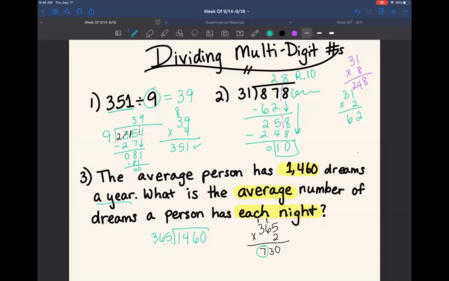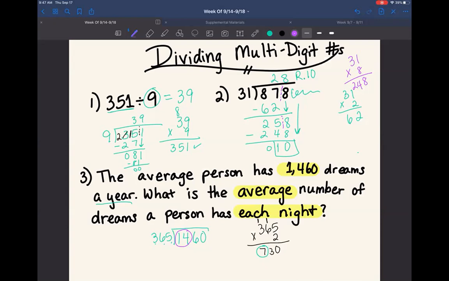What is 7 times 2? 14. Oh my goodness, there's a 14 right there. So what is my next number I want to multiply by? 3 times 2. Okay, so kind of. If I multiply 7 times 2, I'm going to get 14, so that means I'm going to get close to that 1460. So I have two options.